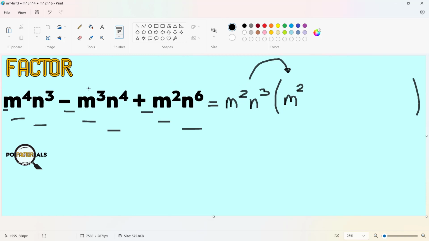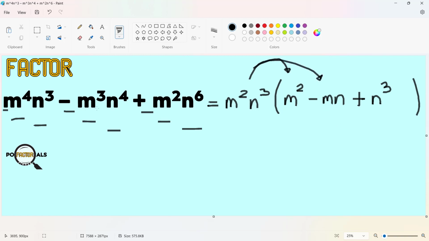For the second term, minus, you will have m to the power of 1, because this is m squared times m, and n, because this is n cubed times n. And finally, for the last term, plus, m squared is also gone, you will have n cubed. Okay? Again, you could always check using the distributive property.